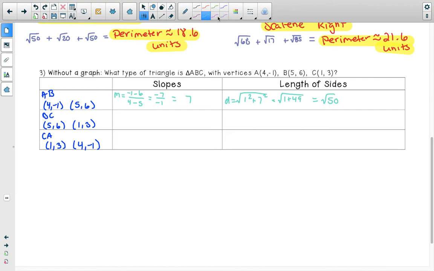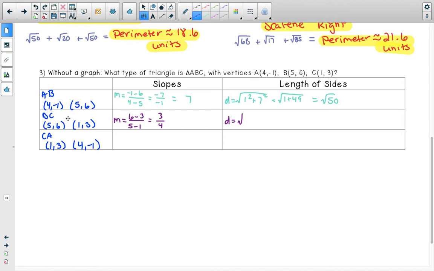So on B to C, I'm going to use purple. Our slope, change in y, so 6 minus 3 over the change in x, which is 5 minus 1. 6 minus 3 is 3, 5 minus 1 is 4, so our slope is 3/4. Let's do the distance. Square root of, from 5 to 1 is 4 spaces away.